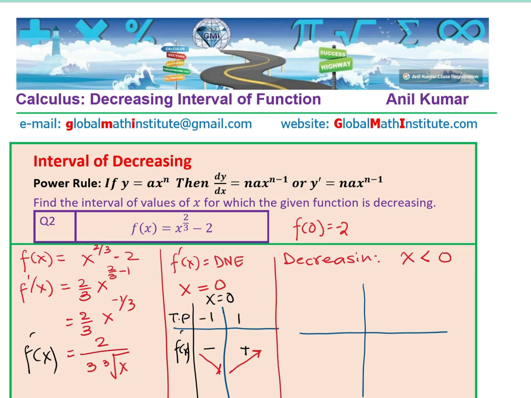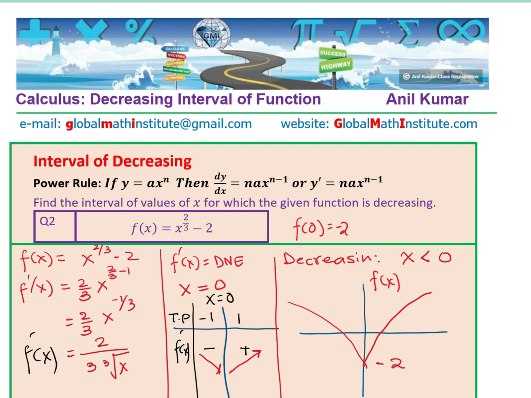At x equals 0, we have minus 2, and the function will look like this, right? So that becomes the function f of x in this particular case. You can see it is decreasing from minus infinity to 0, and the derivative does not exist at x equals 0. That is a critical number.